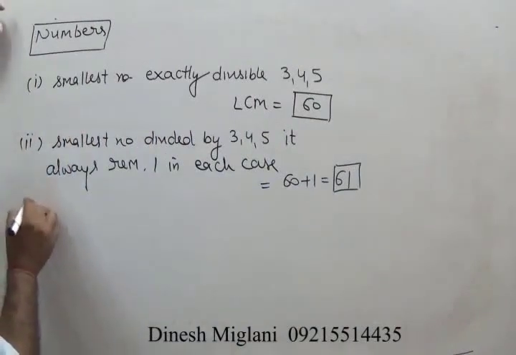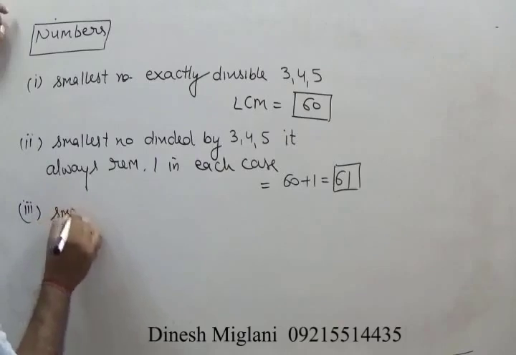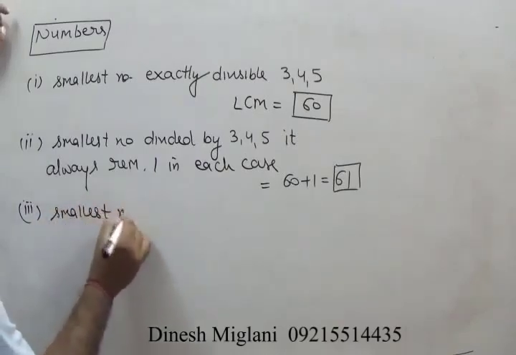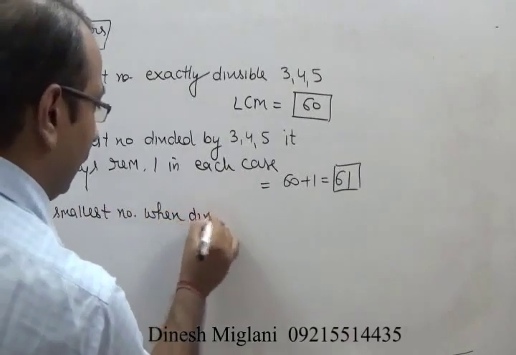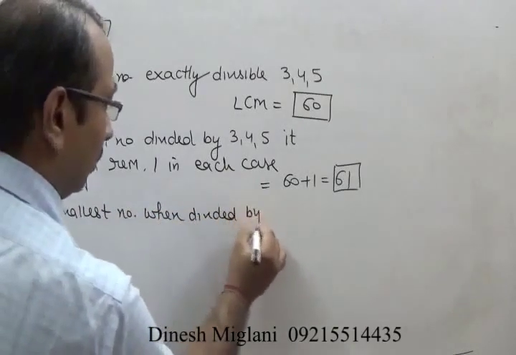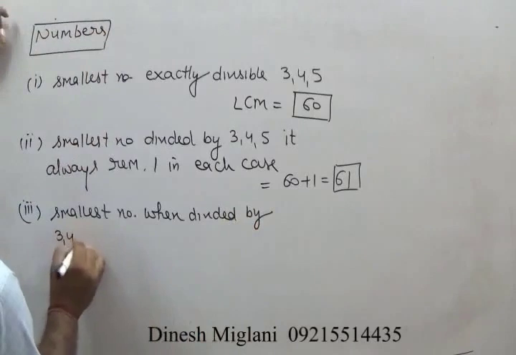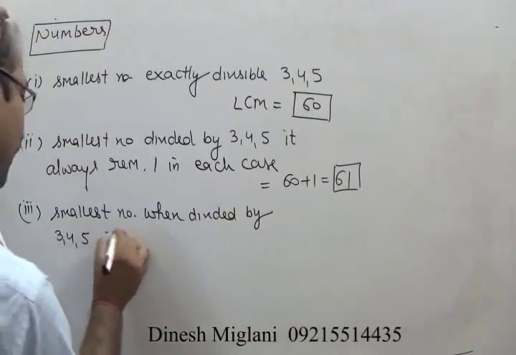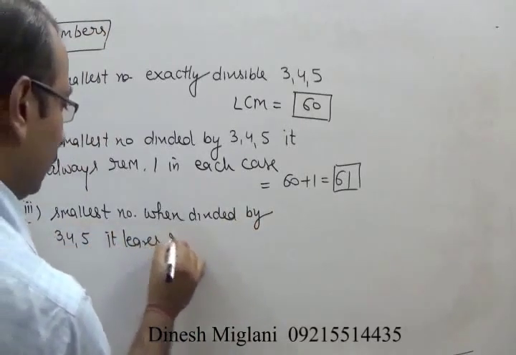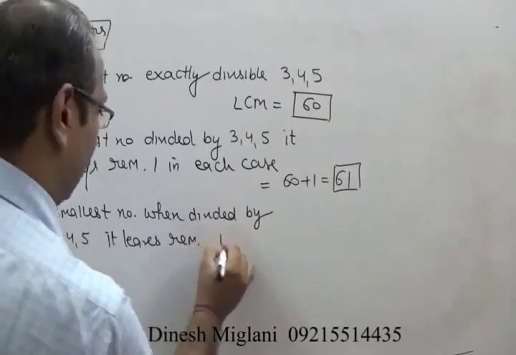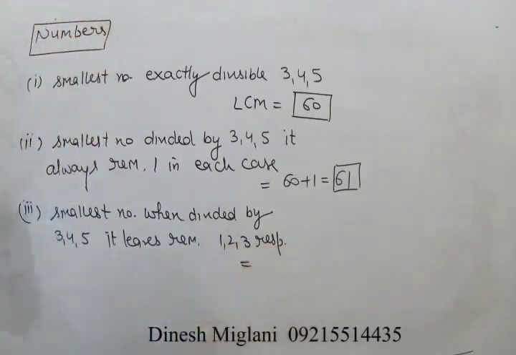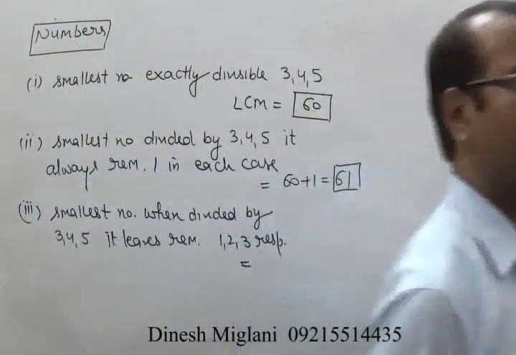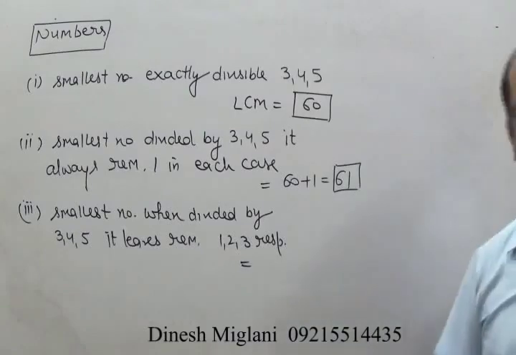Third statement is, find the smallest number which when divided by 3, 4, 5 respectively leaves remainder 1, 2, 3 respectively.